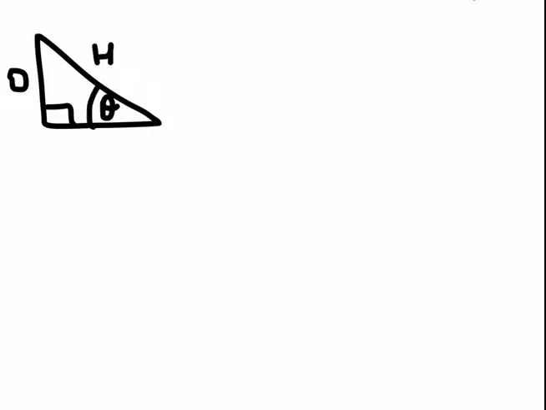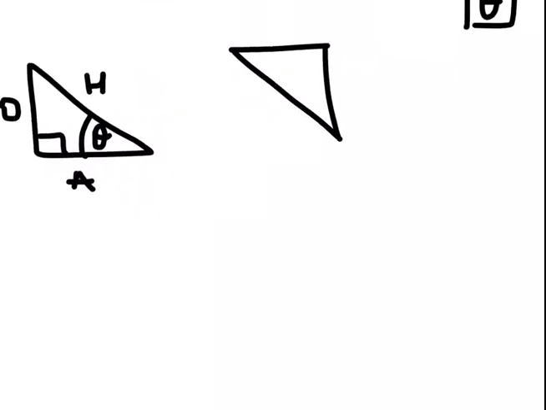Then the remaining side will be the adjacent side. Okay, what about if we have, let's say this, and 90 degrees there, I'll put an angle there. This is the hypotenuse, because it is facing opposite the 90 degrees. Which side is facing opposite the angle? It is this one, that is the opposite side, and that one is the adjacent side.